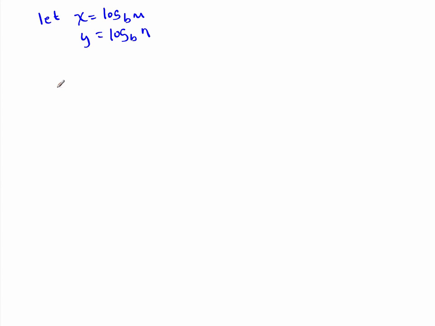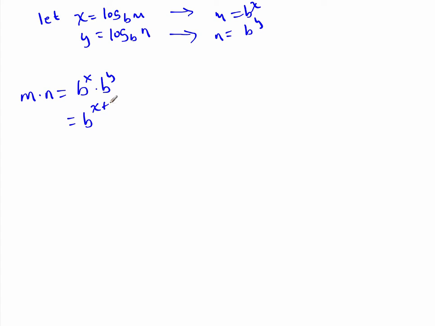So solving these, writing this in exponential form, m is equal to b to the x, and n is equal to b to the y. So let me look at what m times n is. Well, substituting, that's b to the x times b to the y. But I know, because I have the same base here, I can add the exponents.